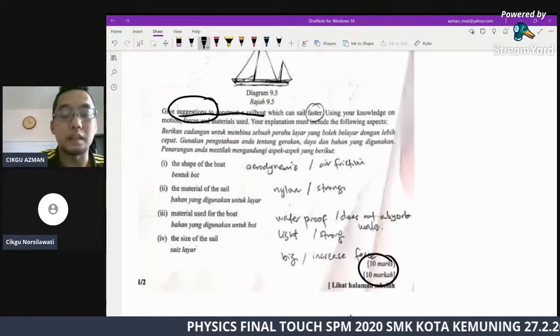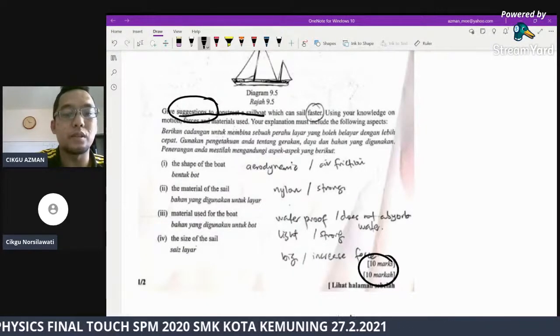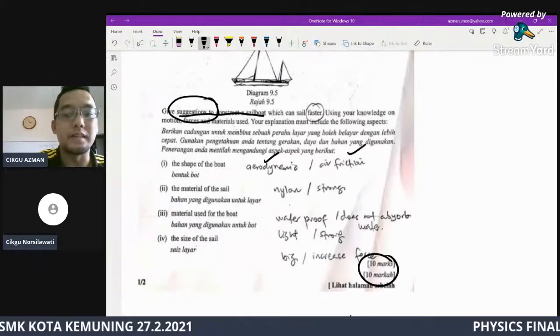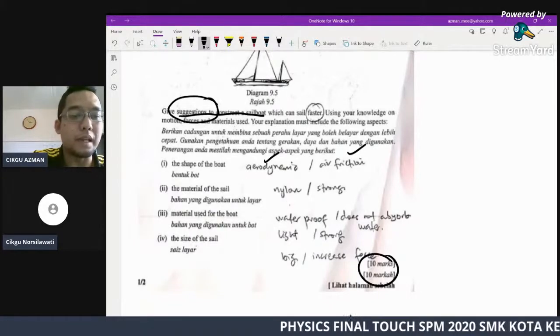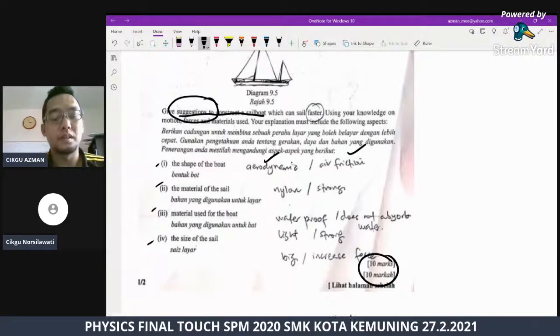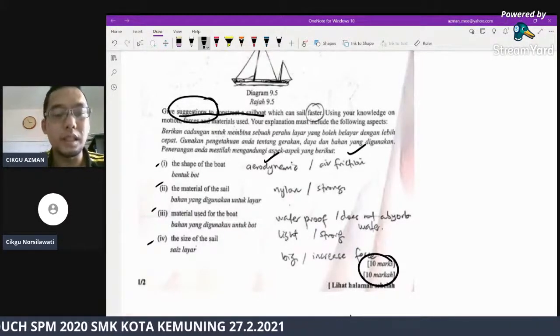Look at the marks. Ada 10 marks. Okay, and each point you will get 2 marks for suggestion and reason. Okay. Now look at the aspect given. 1, 2, 3, 4. Ada 4 je. 4 aspects. So that's only 8 marks.